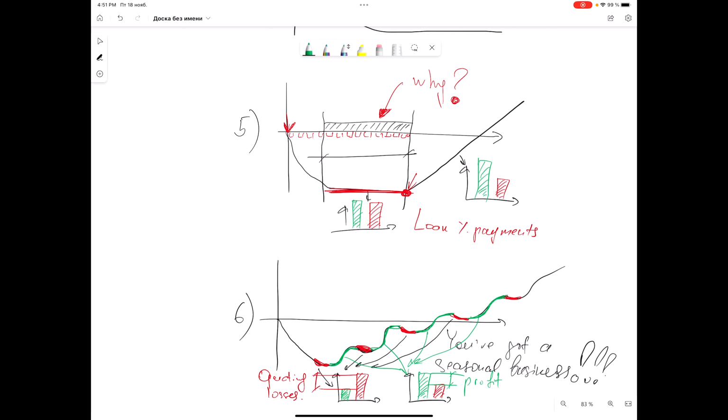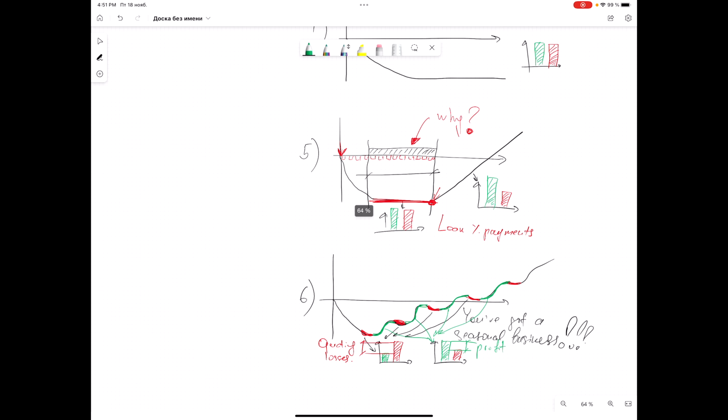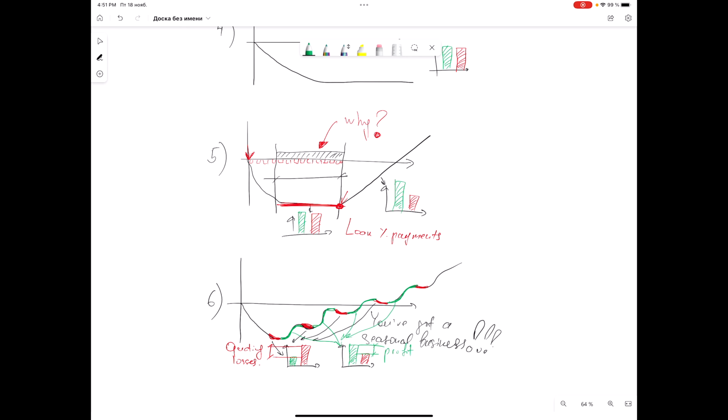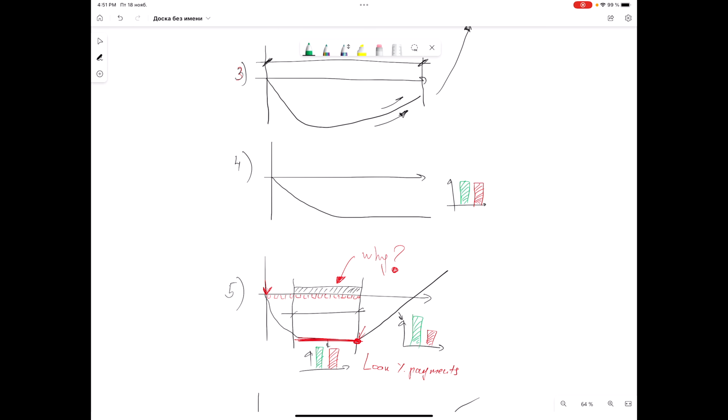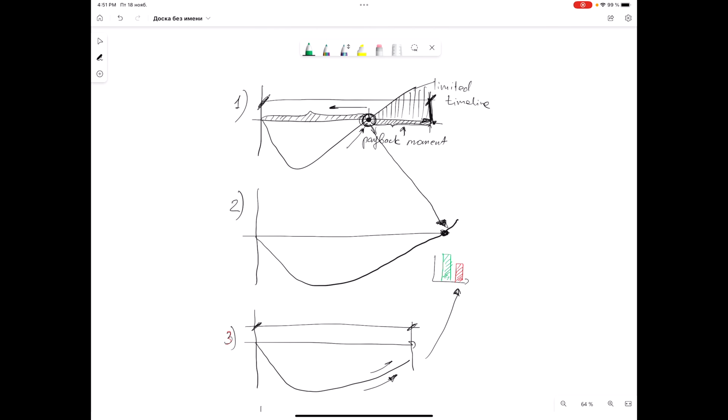So you have to look at the payback period diagram, because it can tell you a lot about your business idea. I just decided to draw basic types of payback period diagram. I hope that you start thinking more about your business idea.